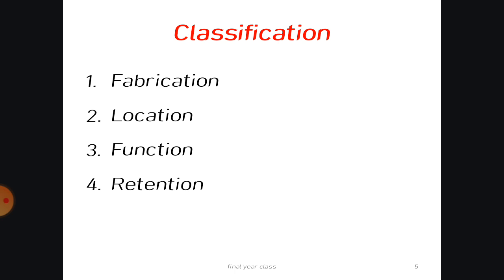The different modalities under which it is classified are the fabrication, the location, function, and the mode of retention. These are the four aspects based on which the attachments in the attachment retained denture are classified. So we will see each of the categories individually.